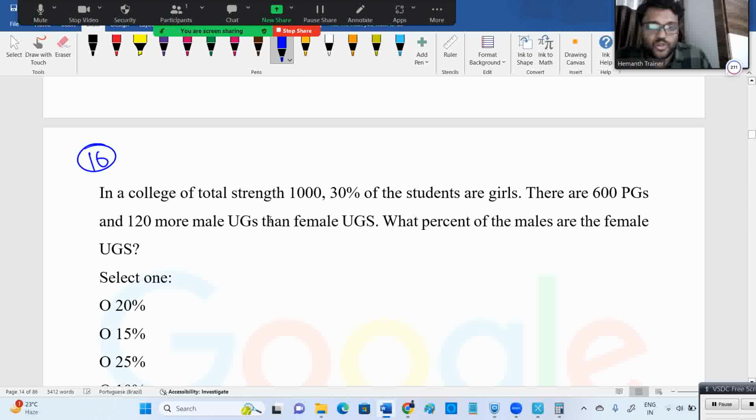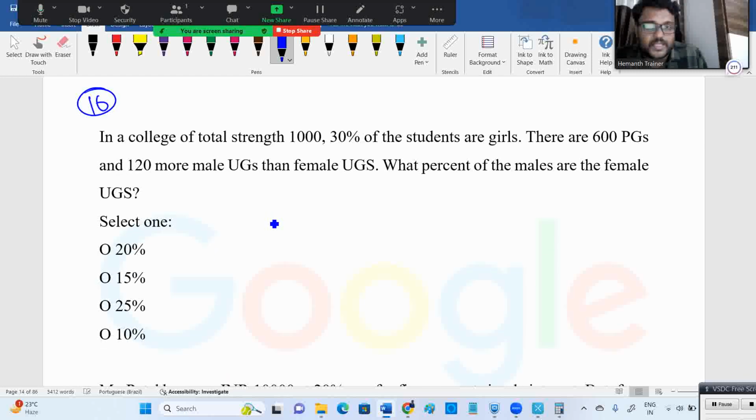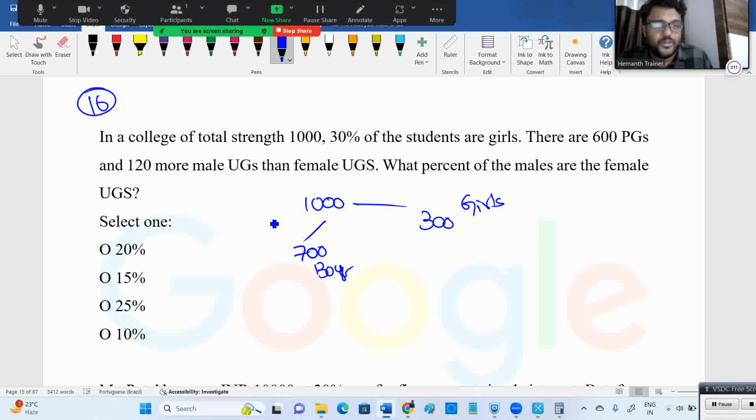And here, total strength is 1000. 30% is girls, means 300 girls are there, and 700 boys are there. There are 600 PGs and 120 more male UGs than female UGs.